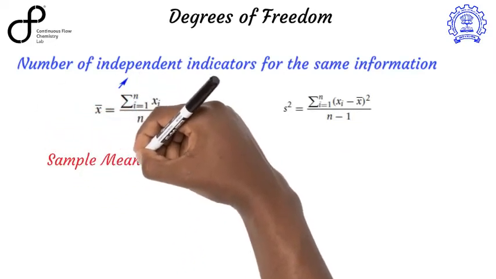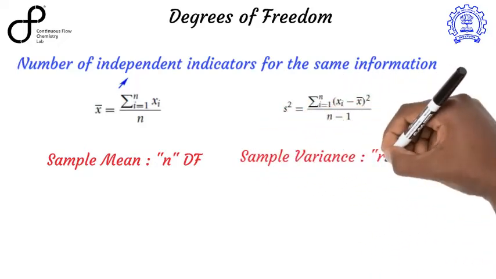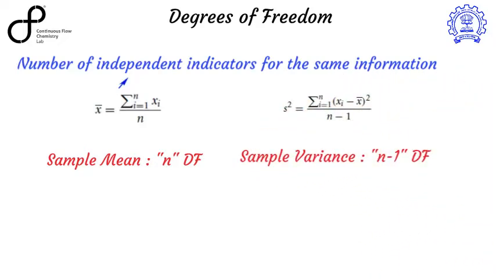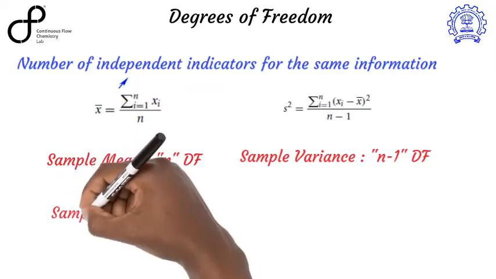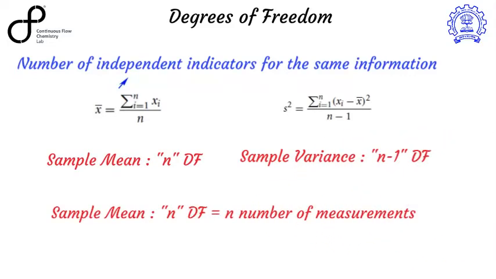This is related to degrees of freedom. What we are saying is that the degrees of freedom for sample mean is n, whereas it is n-1 for sample variance. It is easy to understand this for sample mean. Since we need to do n measurements to get our data set to calculate sample mean, the degrees of freedom is n.